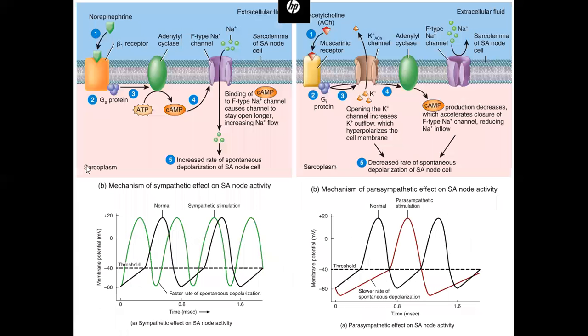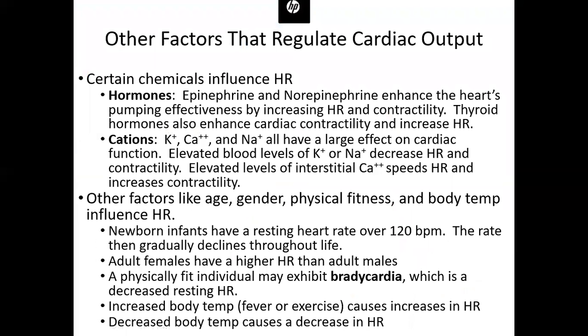Same thing we just saw, by binding to the beta-1 receptors, or by causing the release of more calcium, increasing contractility. So epi and norepi increase heart rate and stroke volume.